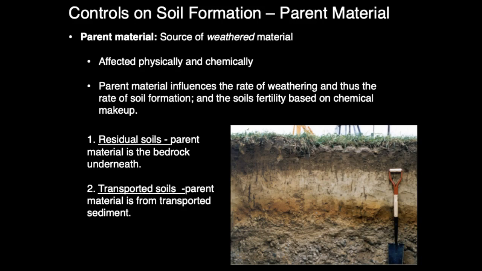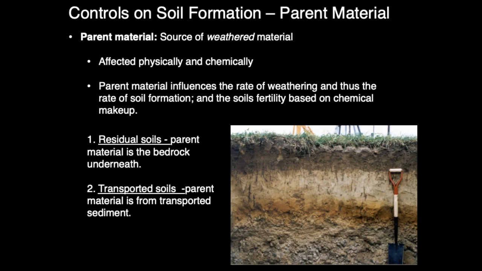All right, so the first control on soil formation that we'll look at is parent material. Parent material is the source of weathered material. This weathered material undergoes physical and chemical changes as soil formation progresses. The parent material can be the soil's underlying bedrock, or it can be a layer of unconsolidated deposits that have been carried from far away.